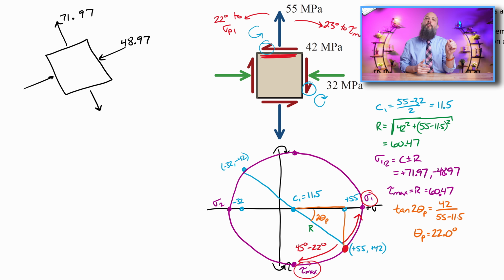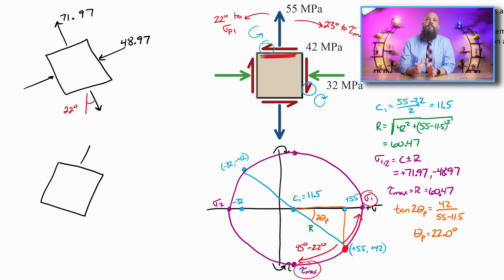That was our 71.97. So then the other principal stress is in compression, the negative 48.97. And so by taking a 22 degree rotation counterclockwise, the 55 megapascals becomes 72.